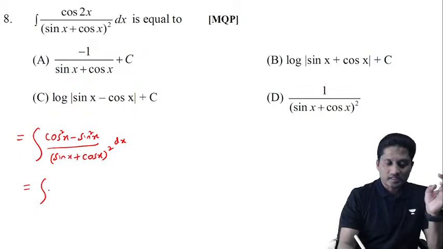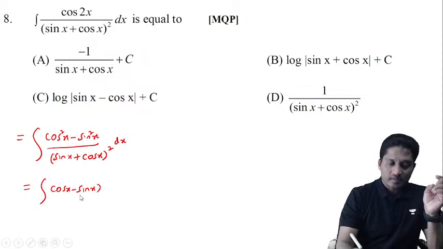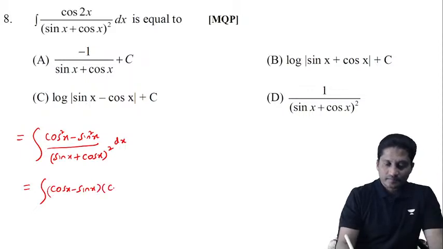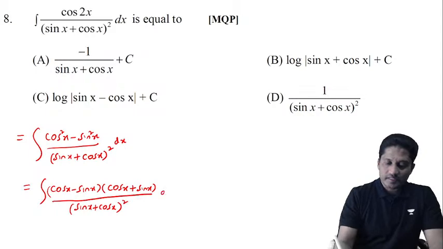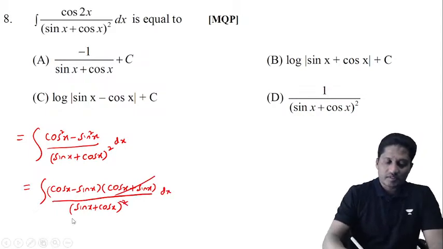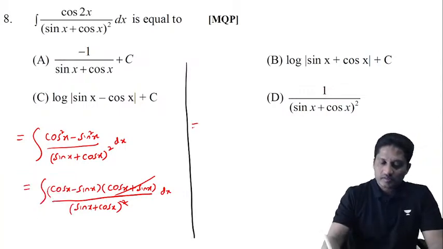Cos square minus sin square can be written as cos minus sin into cos plus sin, and then whole divided by sin plus cos the whole square dx. The sin plus cos will cancel with the square. Left out is cos x minus sin x divided by sin x plus cos x.